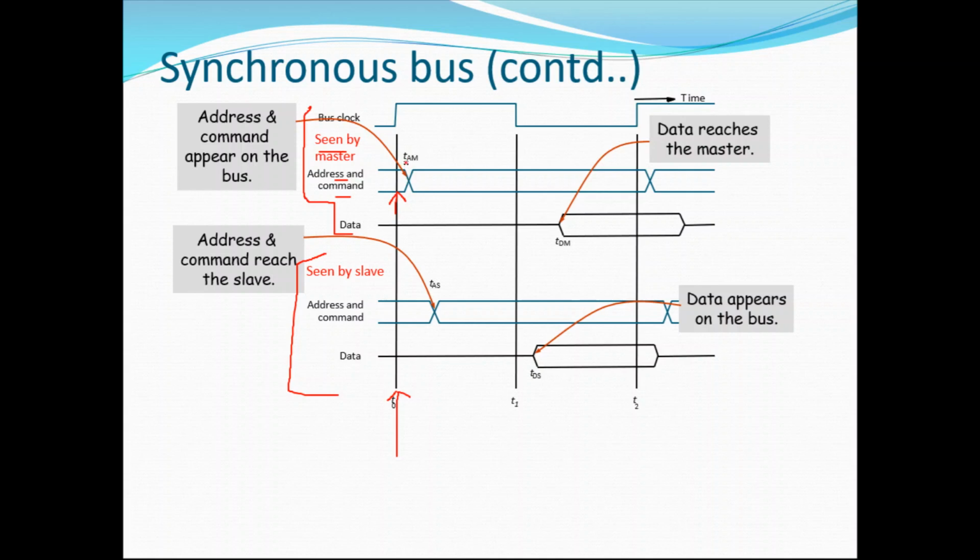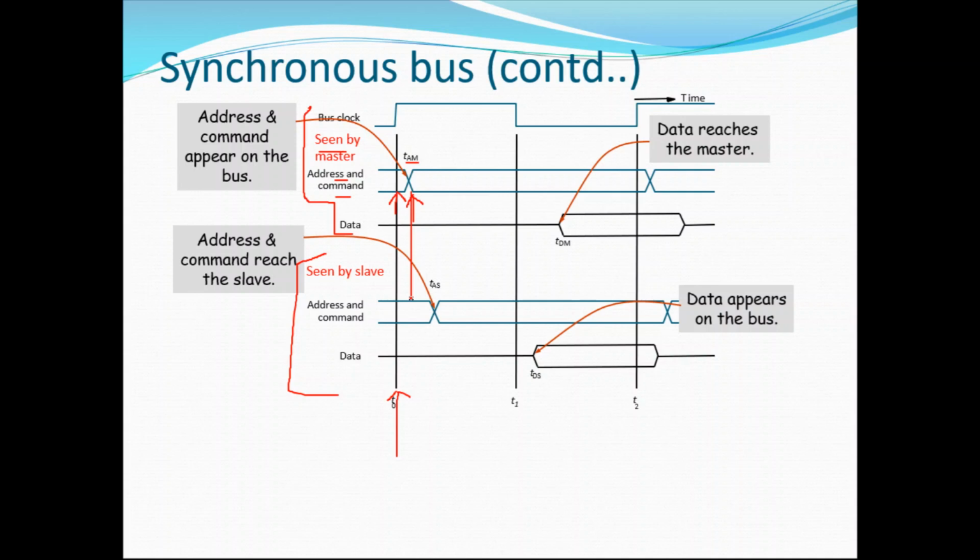It appears in the address and the control bus at time TAM. TAM. Okay, right? So A represents address and command signal. M represents master. The master is able to see the address and the command it placed in the address bus after a little time gap of TAM. Okay, but if you see, the slave is not able to see the address and the data at TAM also.